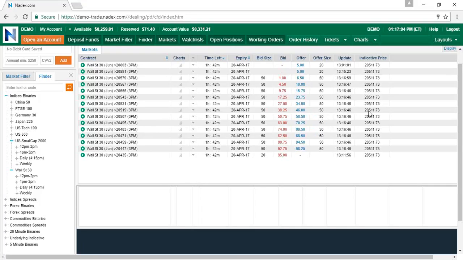Because if right now this is the closest at the money binary, if the market goes up 12 points, then this one up here is going to be closer to the at the money binary, right? And then what if the market goes up 24 points? Well, then this strike price here is going to end up at that time being the at the money binary. Everybody follow me there? Pretty basic, pretty elementary, okay?